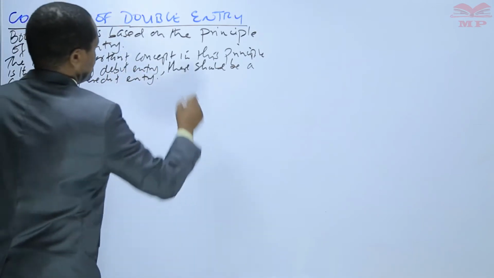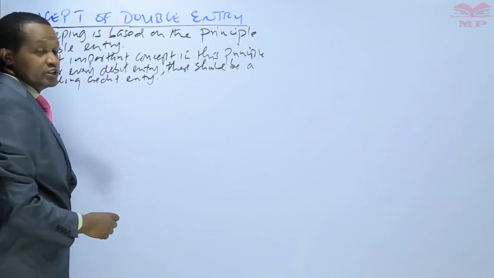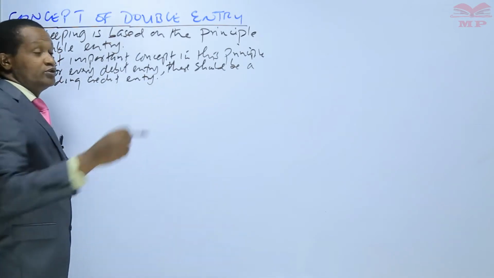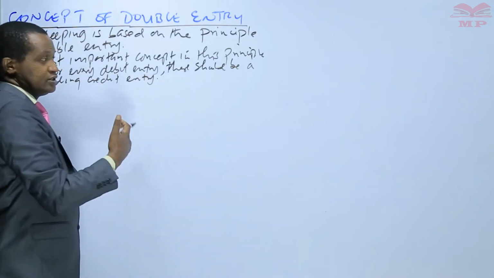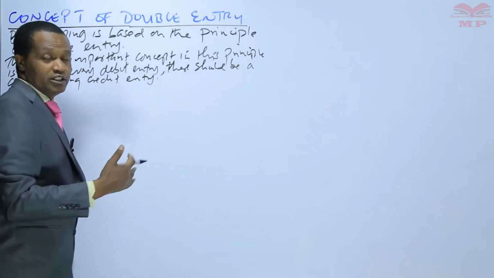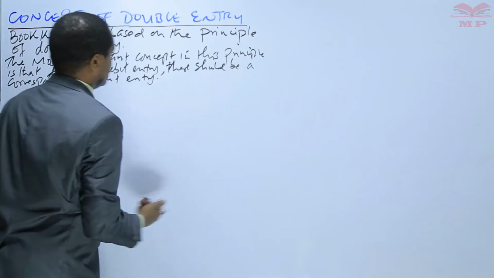And remember, in our last lesson we said that debit entry is simply an entry that is made on the debit side. Credit entry is an entry that is made on the credit side.